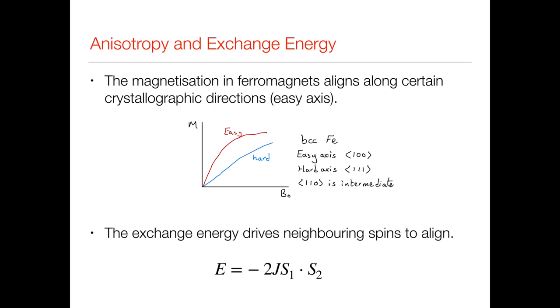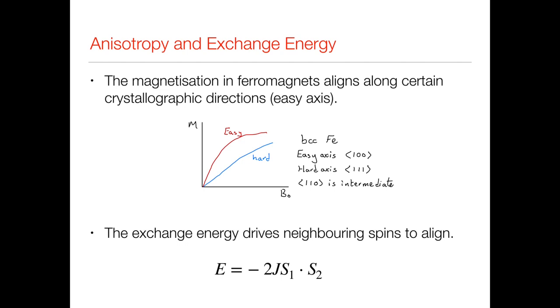It's not obvious to look at the crystal structure and predict it. You can do it with some ab initio calculations, some first principles DFT calculations. These are the sorts of things that Chris Patrick works on, but it's actually very small energies and really quite difficult to predict. So these are not obvious things to understand why. We just have to take it as an experimental observation that for iron there's an easy axis and a hard axis.